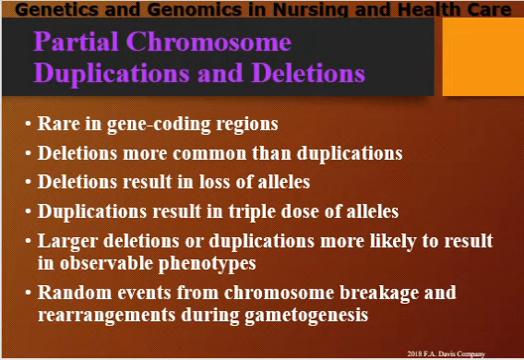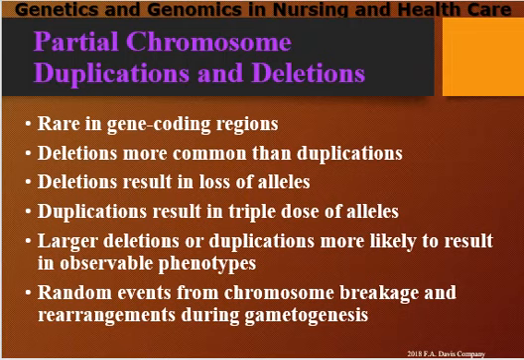Okay, now we'll move into partial chromosome duplications and deletions. Deletions are more common than duplications, and deletions result in loss of alleles. So that makes sense. You delete something, you take it away. So when we have a loss of alleles, we have a loss in genetic material. Duplications can result in triple doses of alleles.